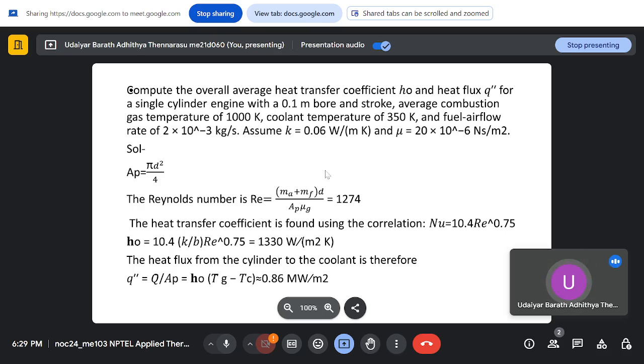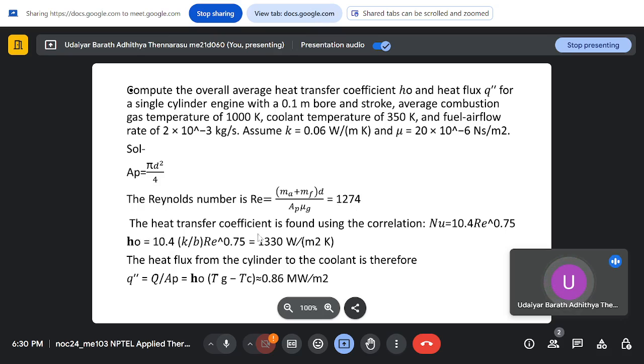Reynolds number is rho V d by mu. So V is velocity; multiplying and dividing by area, VA is Q, the volume flow rate. So rho into volume flow rate is your mass flow. So mass divided by area, into diameter divided by viscosity, comes out to be 1274.